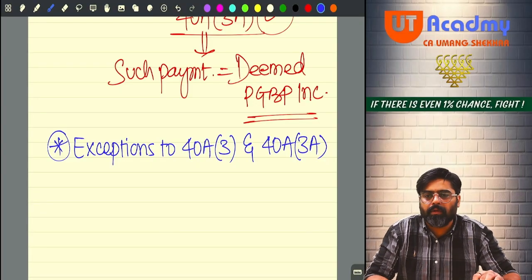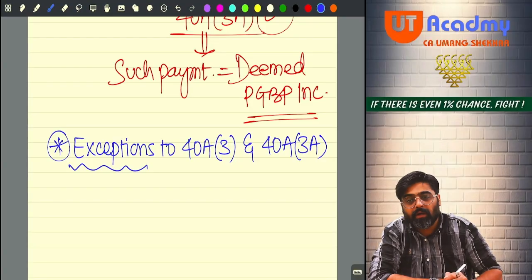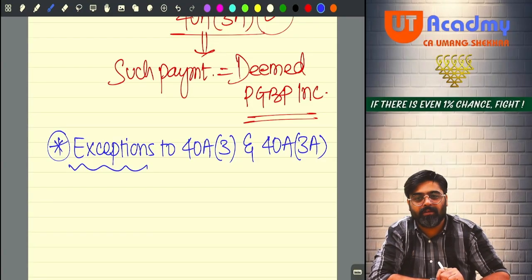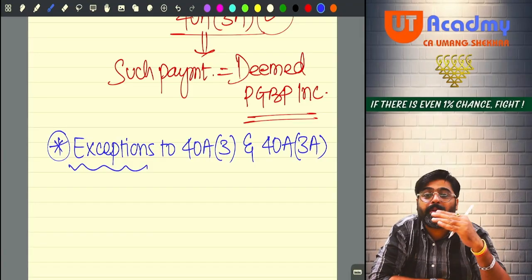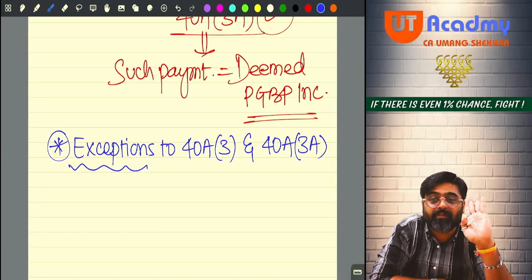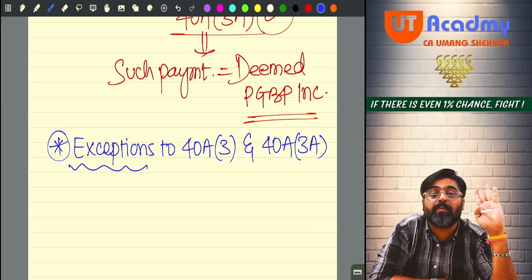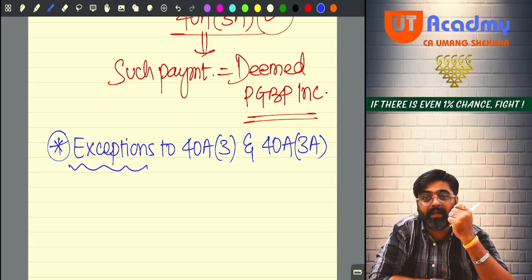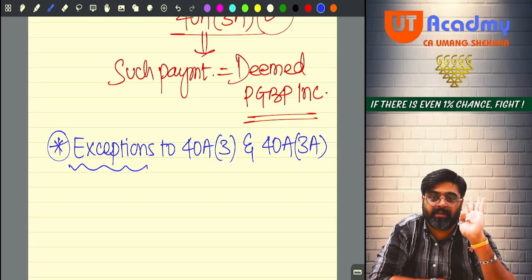Okay, no problem. Now tell me, what is the exception? Exceptions means that under these situations, even if the payment is more than 10,000, or the payment for transport charges is more than 35,000, and the payment is not made by way of the prescribed modes, still that payment will not be covered by 40A3, 40A3A.